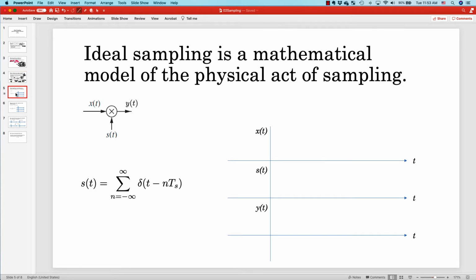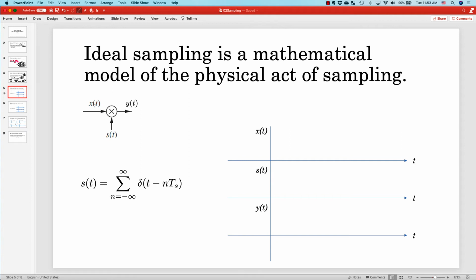Okay, with all that out of the way, let's talk about ideal sampling. I want to give you a bit of autonomy here. I would like you to picture in your head your favorite time domain signal, and we're going to call it x of t. I'll give you a second to fill in the slide with your best picture of your favorite time domain function. We're going to represent sampling by this multiplication operation.